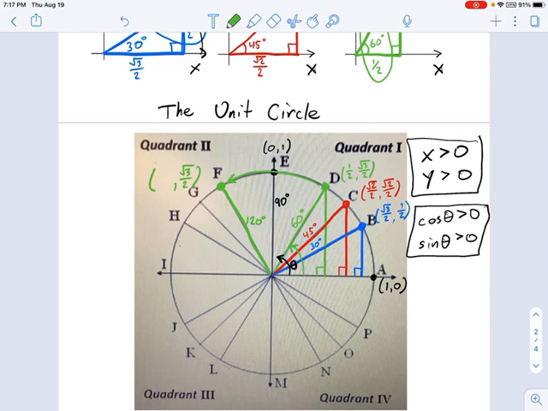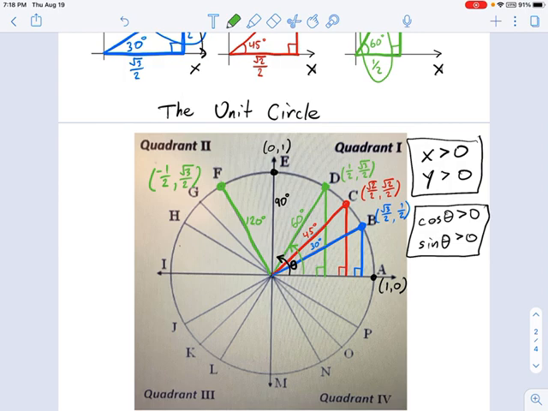And when that happens, you switch the sign on the x value. So this is going to be negative 1/2, which kind of makes sense if you remember this is a coordinate plane. It's an xy coordinate plane. So now you can see we actually know what the cosine of 120 degrees is. It's negative 1/2. And likewise, we know the sine of 120 degrees is root 3 over 2.